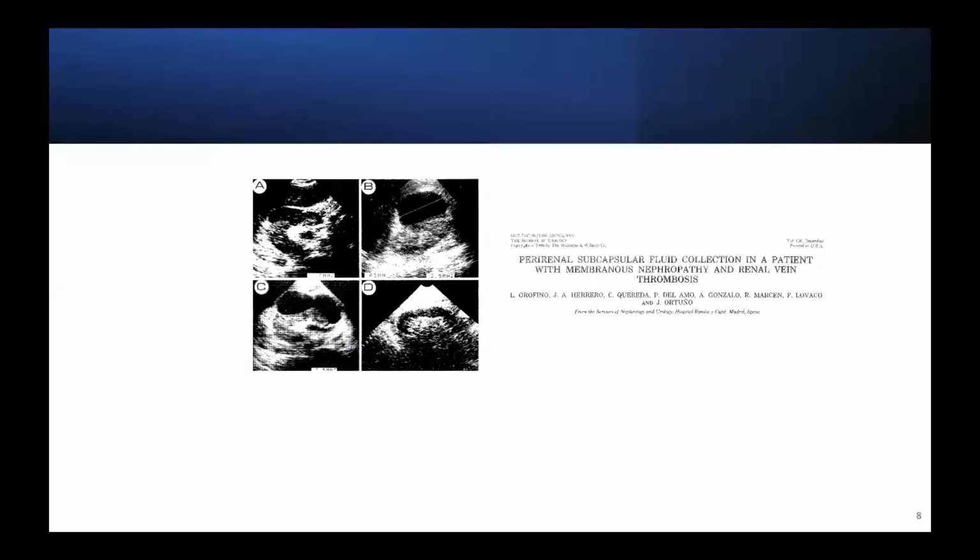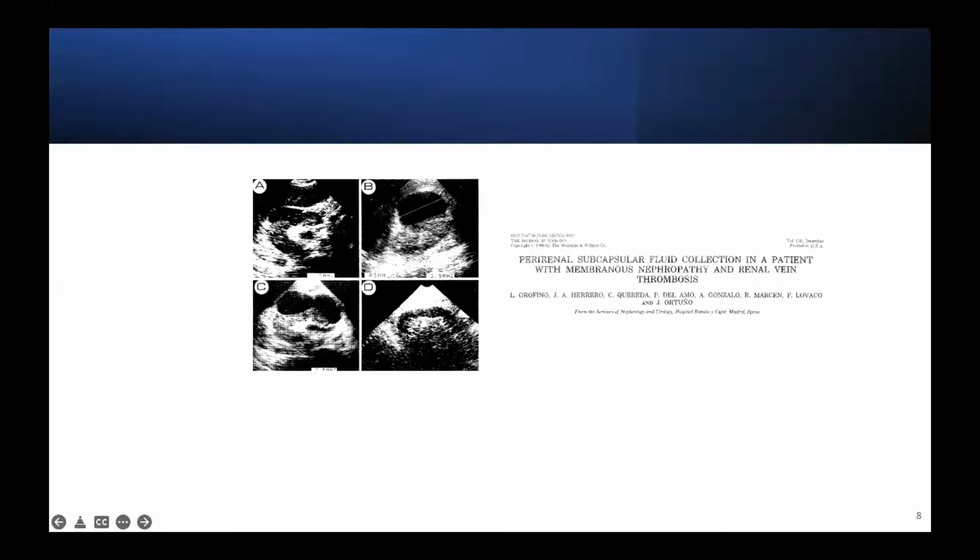This is one case report which has reported perirenal subcapsular fluid collection in a patient with membranous nephropathy. In this case, the patient had to undergo surgical drainage of the fluid, and the last image is the post-surgical image.